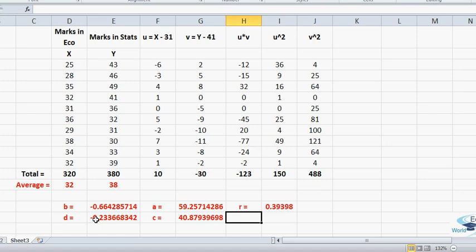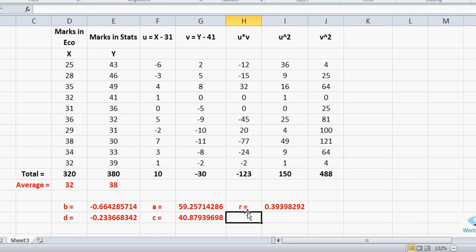So the value of r is minus, of course we'll have to put a minus sign here, because within the square root, the product of both the minus numbers will be plus. But we have learned from the properties that if both b and d are negative, the value of r will also be negative. Therefore we'll have to put it as minus value of this.